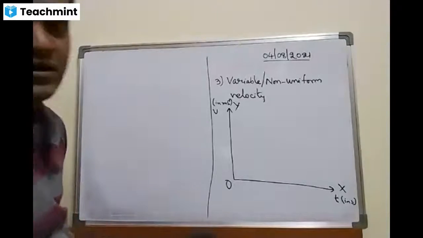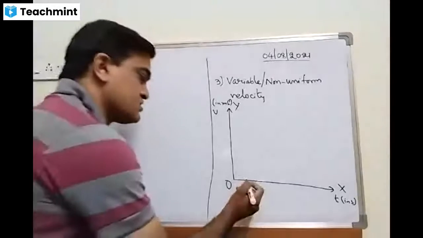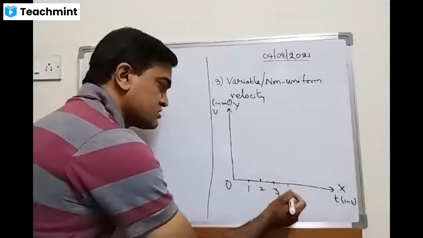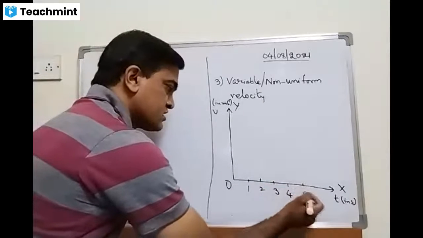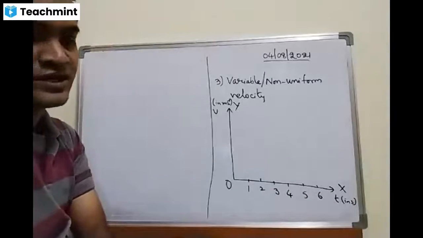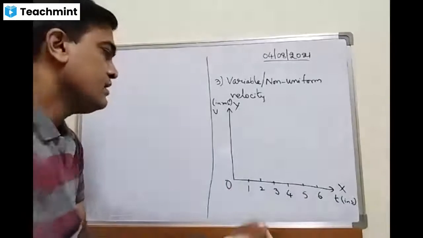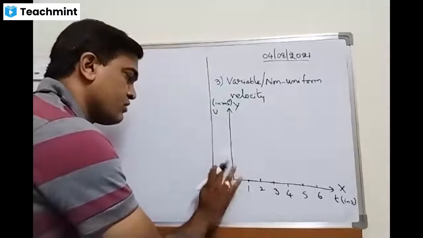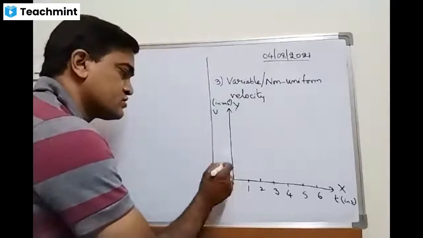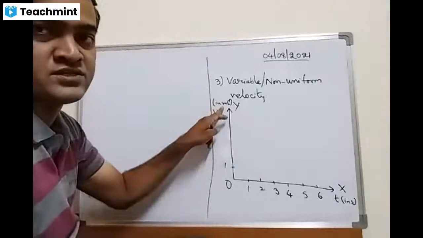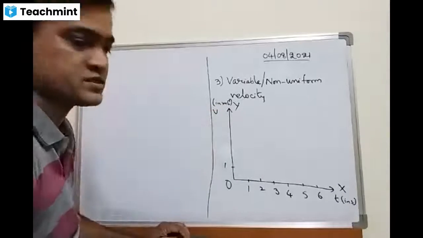And if I take the points like this, like 1 second, 2 seconds, 3 seconds, 4 seconds, 5 seconds, 6 seconds as time along x-axis, and if I take 1 meter, okay, 1 I'll write and I'll put 1. It is understood. 1 means what? 1 meter per second, because already I've mentioned along y-axis as in meter per second.